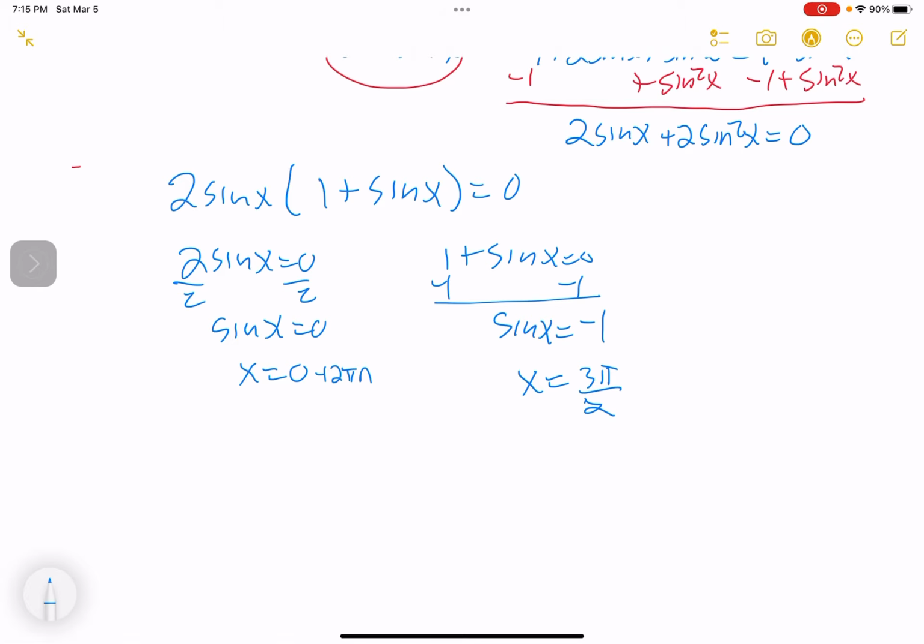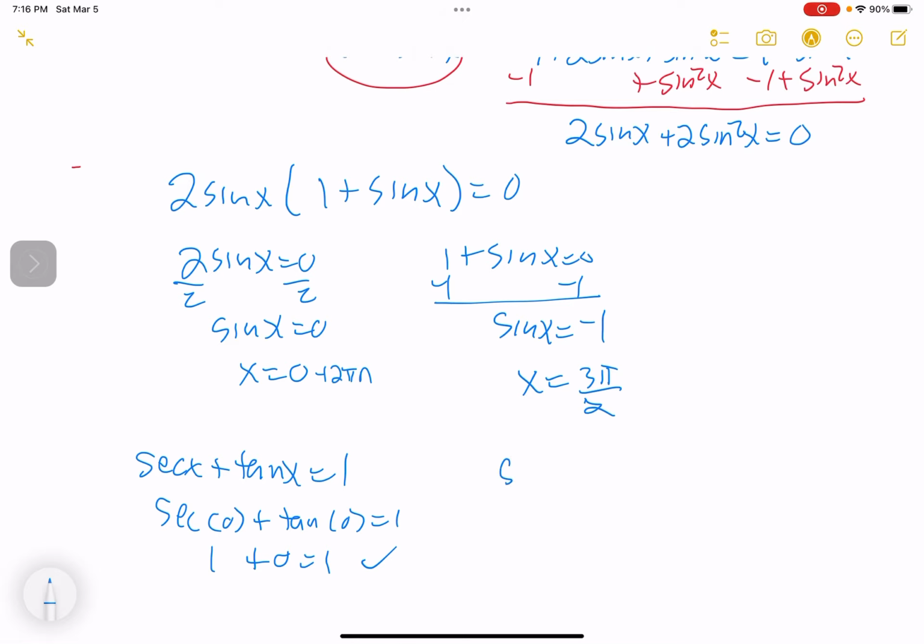But it's important because we squared both sides, we've introduced potential extraneous solutions. So we're going to go back to the original that said secant x plus tangent x equals 1. If I look at secant of 0 plus tangent of 0, is that 1? Is 1 plus 0 equal to 1? Yes, it is.